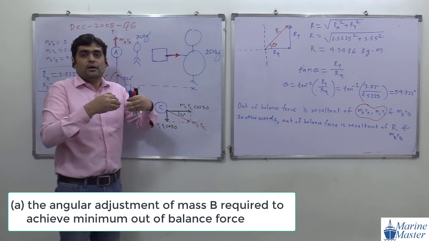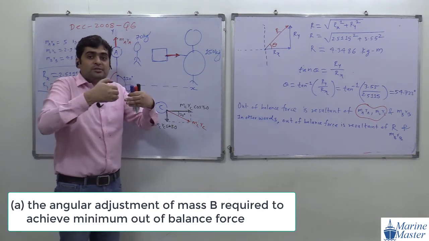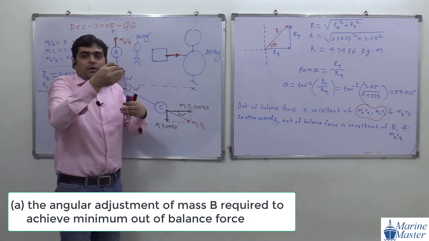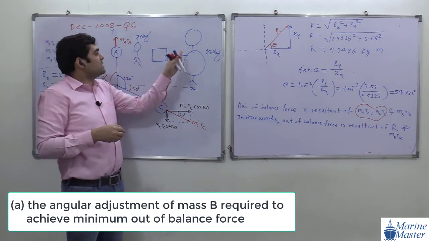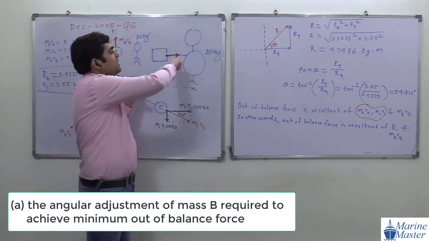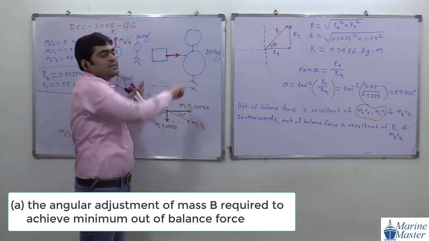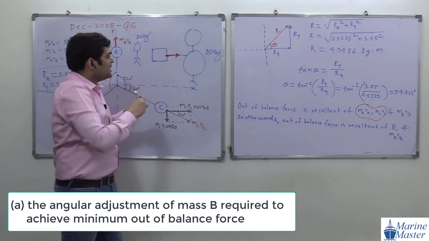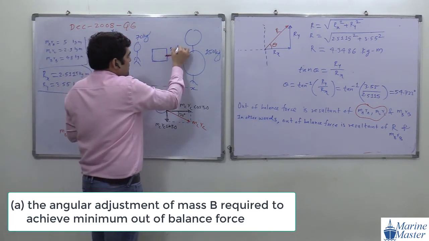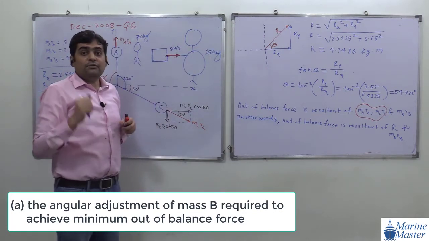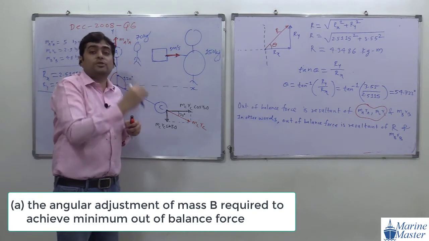Suppose the 150 kg person is pulling this mass, and the velocity of the mass is 3 meter per second. But he wants to reduce the speed as much as possible.